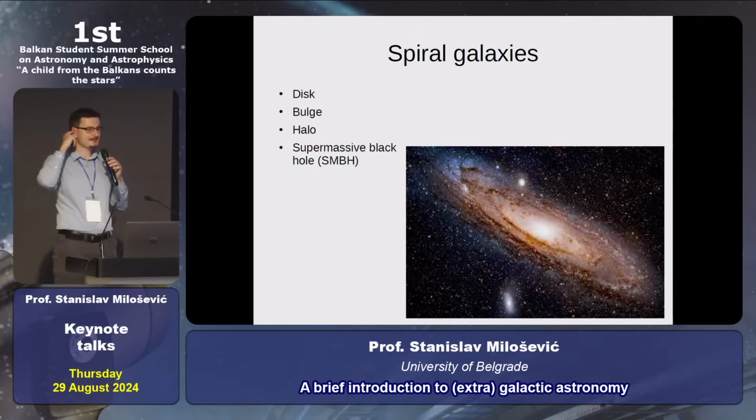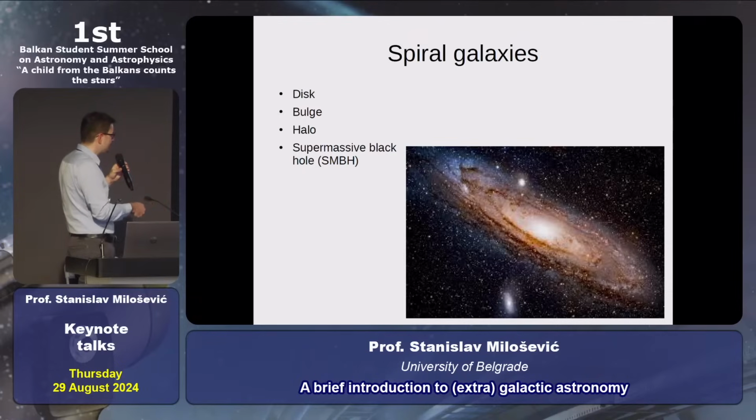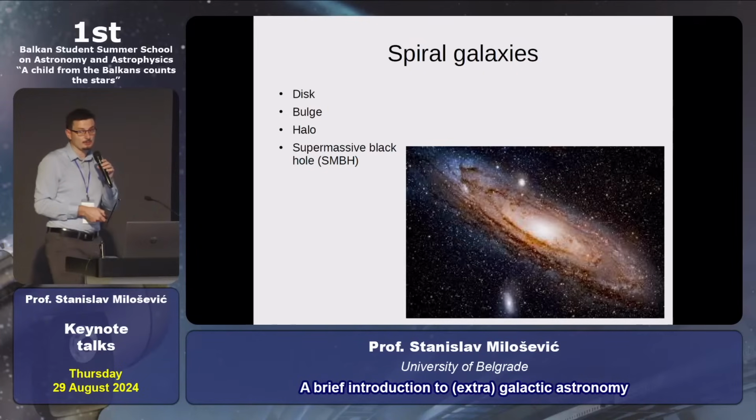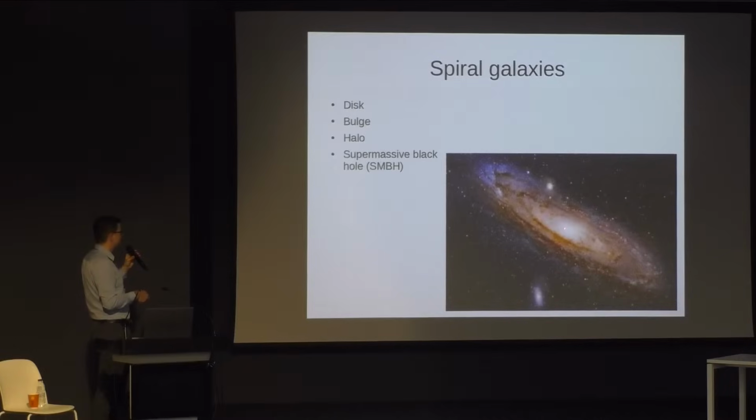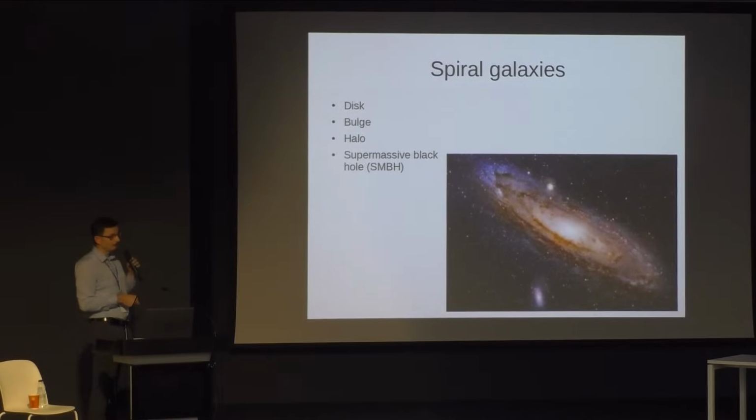It's the Andromeda galaxy. It's our neighboring spiral galaxy, and we can see it in detail, with some angle, of course. The most prominent structure is the galactic disk, and we have spiral arms in the disk, and in the central part we have a spherical structure which we call the bulge. It's a very dense structure of stars moving around the center of the galaxy. And in the center we have a supermassive black hole.